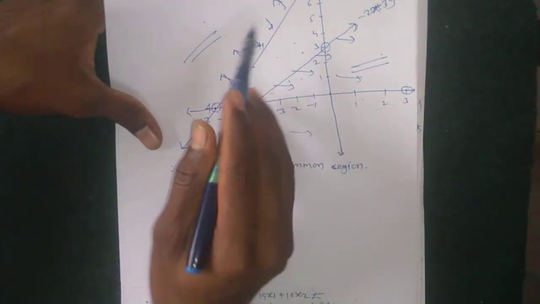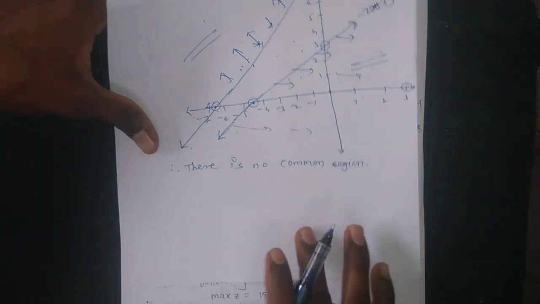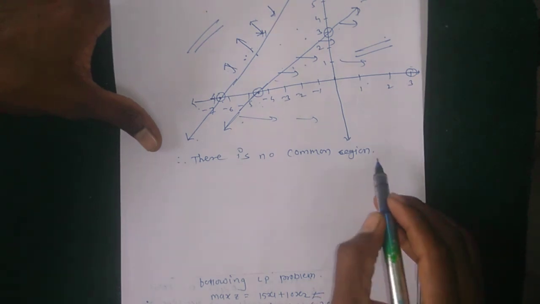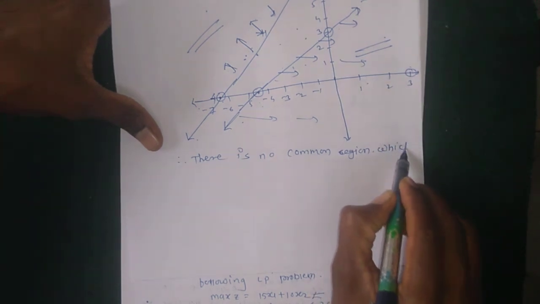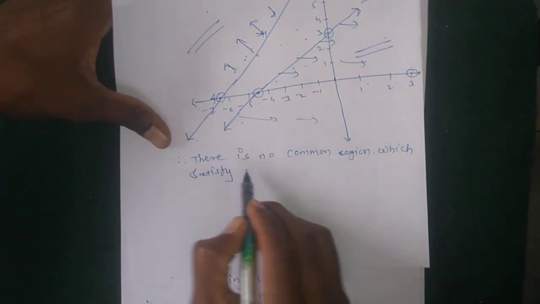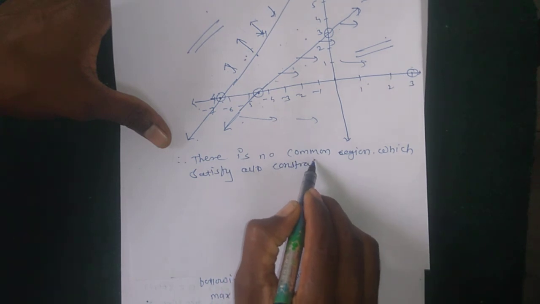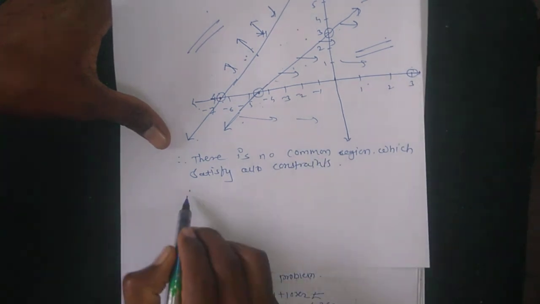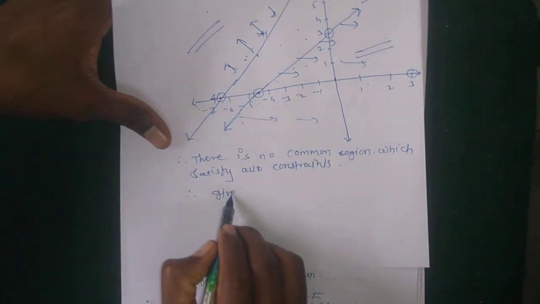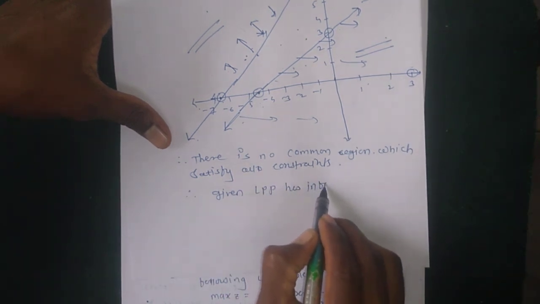Here the bounded region is the upper side of this line and the upper side of the other, there is no bounded region, so we get that the given LPP has an infeasible solution. There is no bounded region which satisfies all constraints, and therefore the given LPP has an infeasible solution.